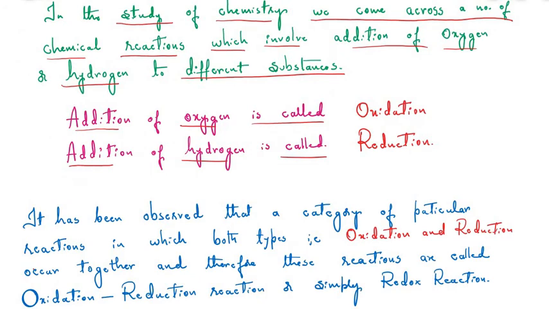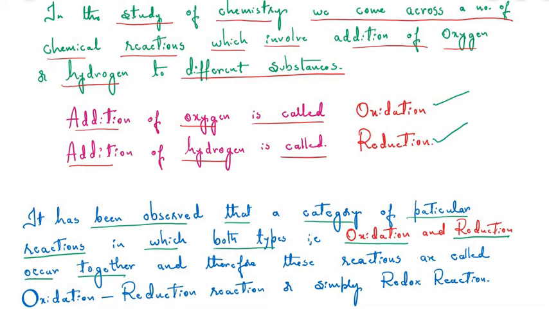Now it has been observed that in a particular category of reactions both types, that is oxidation, which is addition of oxygen, and reduction, which is addition of hydrogen, occur together, and therefore these reactions are called oxidation reduction reactions, or simply redox reactions.